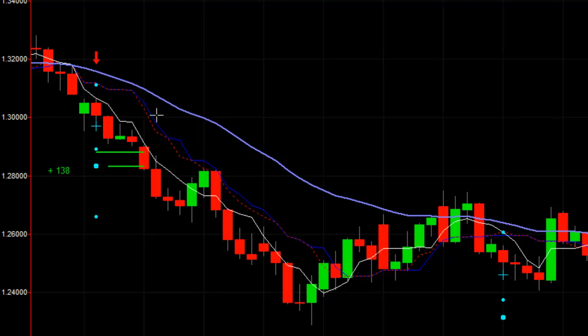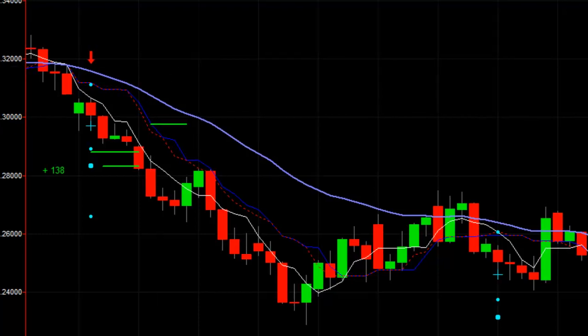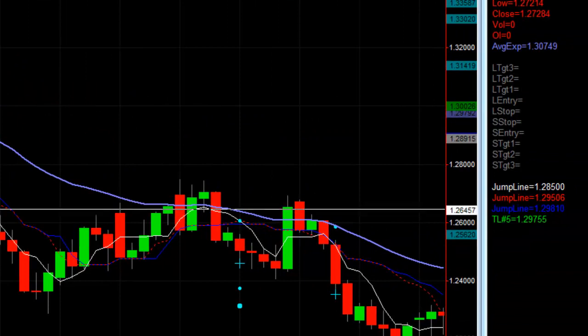And every time a bar closes below it, you're going to move your trailer 2 pips above the reading. Okay, so in this case, on this bar here, the reading is 29.81. You're going to put your stop at 29.83.